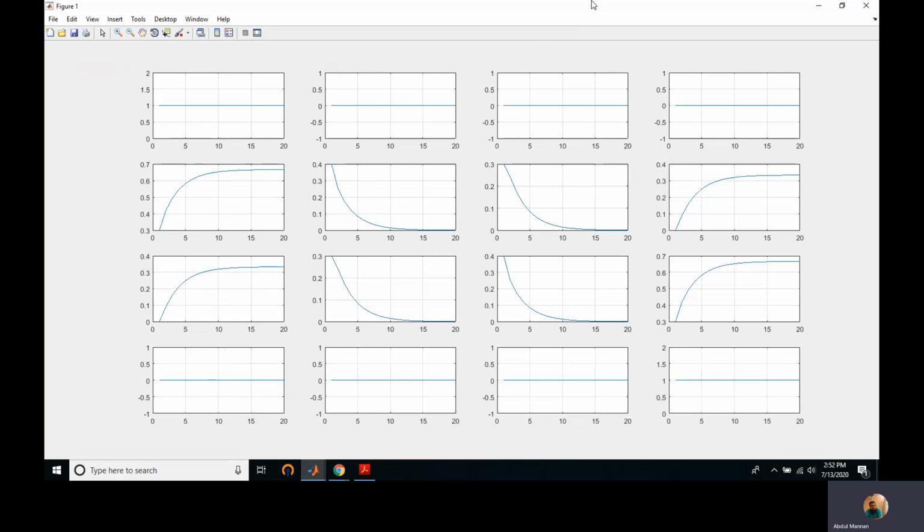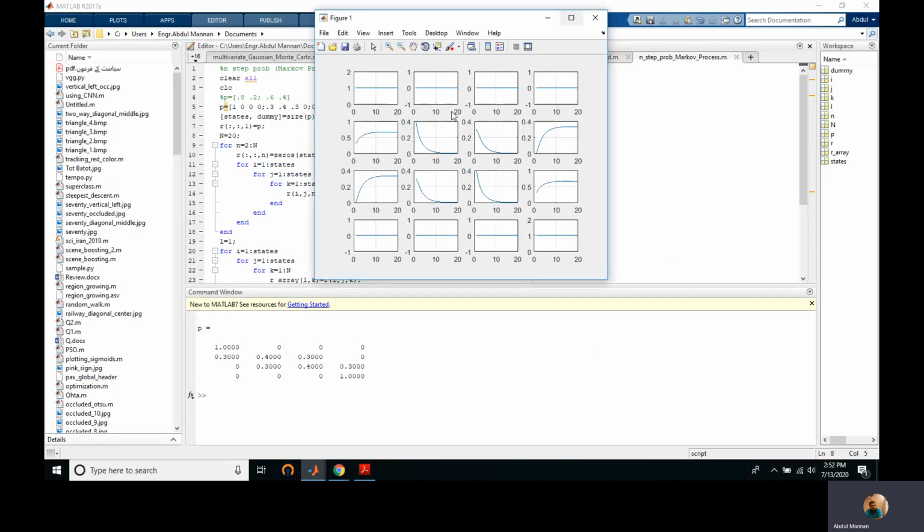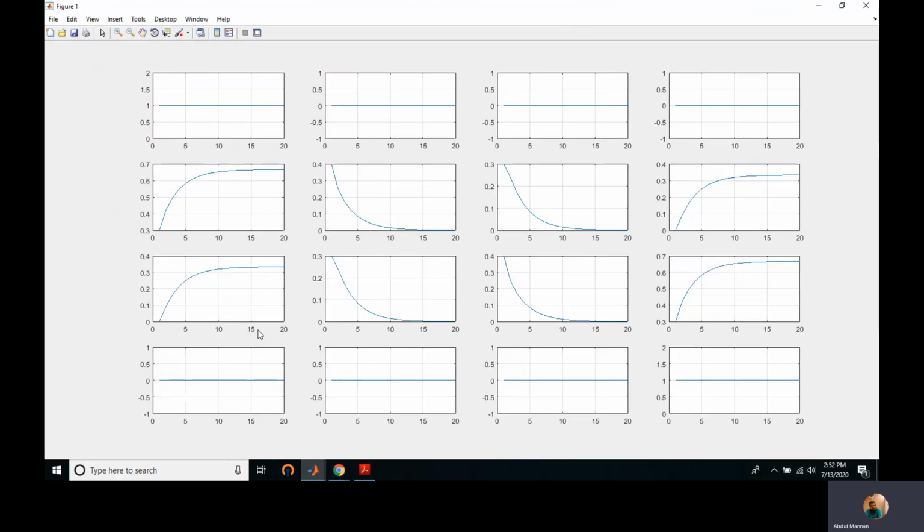It will be moving from a value and will be saturating as n increases. For n equal to infinity, it will be the same. So it decreases, becomes 0, and then it remains 0. This value increases, settles at 0.65, and then it remains 0.65 as n increases. Even for n equal to infinity, this remains the same. So they saturate at different values.